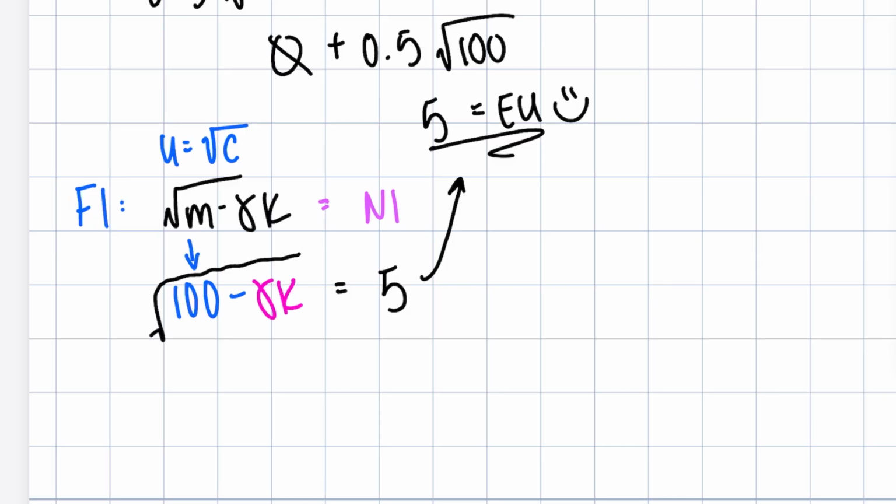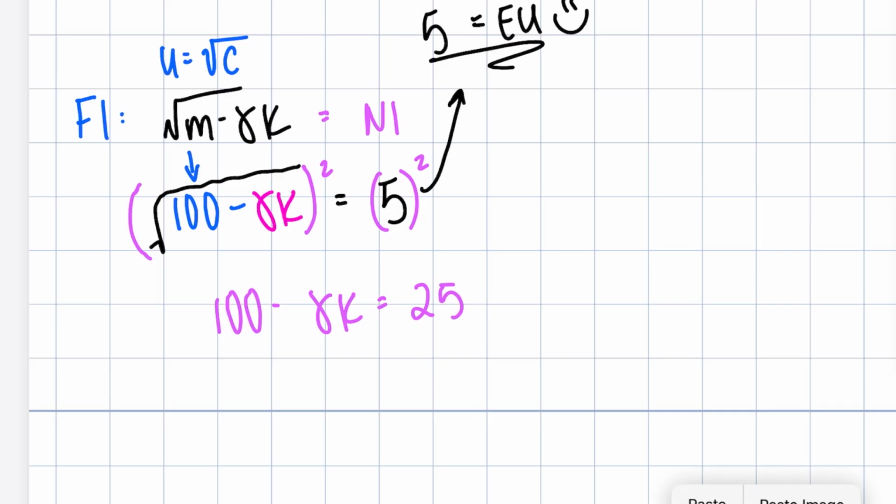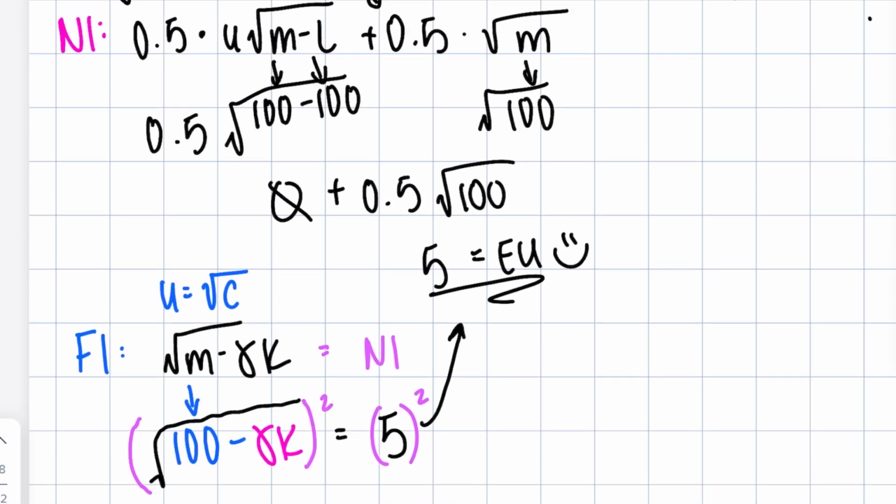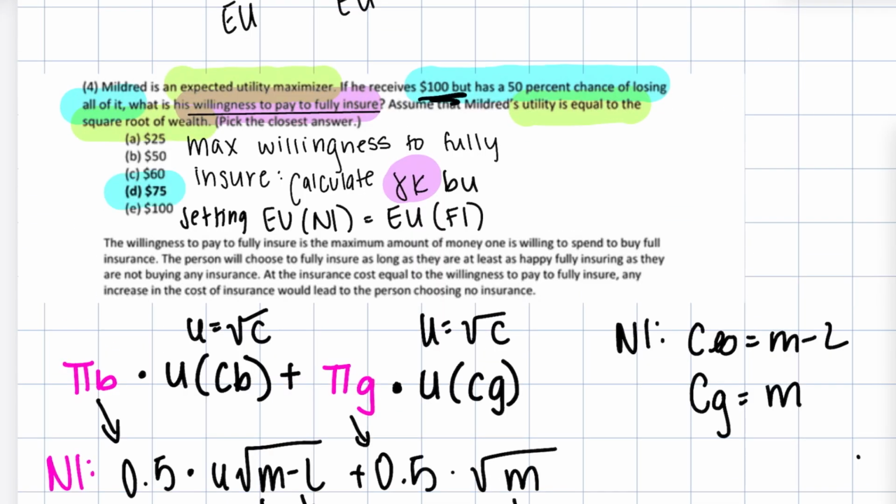And so I'm just going to go ahead and square both sides here to make it a little simpler. And so we have 100 minus gamma K equals 25. Then just from simplifying this, you can kind of already see that 100 minus 75 would have to be 25. So his max willingness to fully insure is at $75. So your answer would be D.